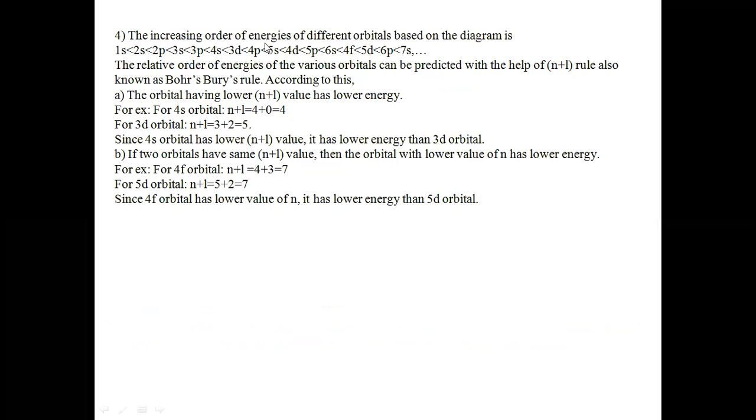The fourth point is the increasing order of energies of different orbitals based on the diagram. Considering the energy level diagram, the order is: 1s is less than 2s, less than 2p, less than 3s, less than 3p, less than 4s, less than 3d, less than 4p, less than 5s, less than 4d, less than 5p.